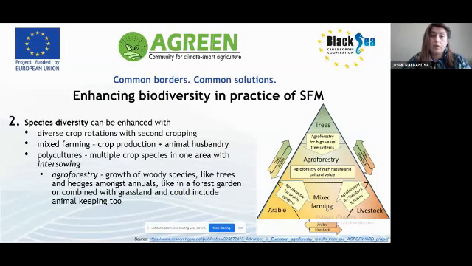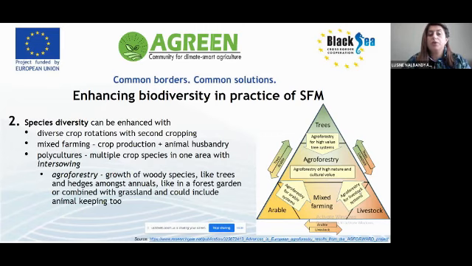So we can see here in this nice diagram that agroforestry is a very interesting habitat which can include high biodiversity and meanwhile provide production space for food crops.